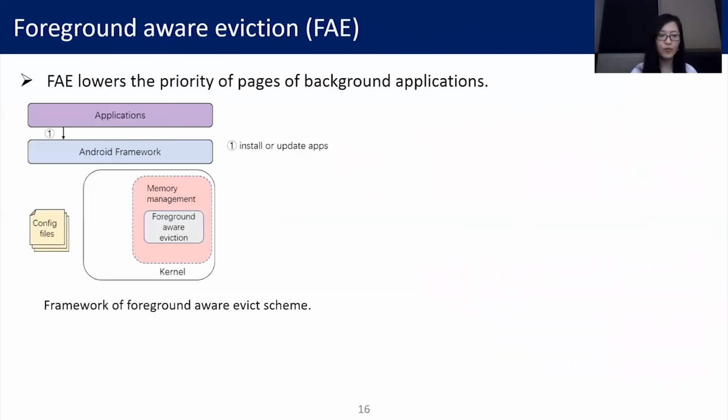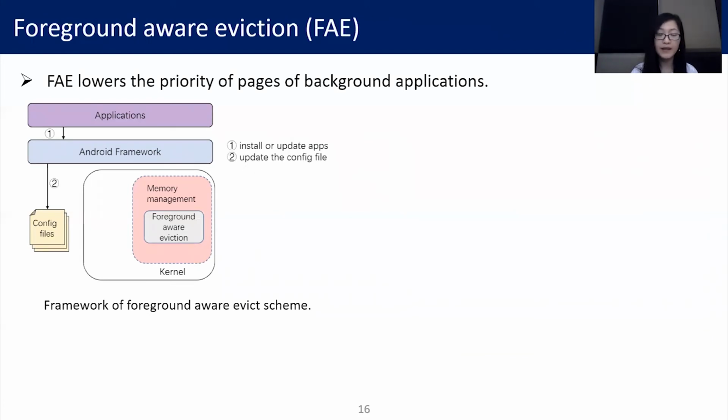Let's see the framework for FAE. FAE needs to know whether a page belongs to background applications. To reduce delivery overhead, we use a config file to store all UIDs of user applications.